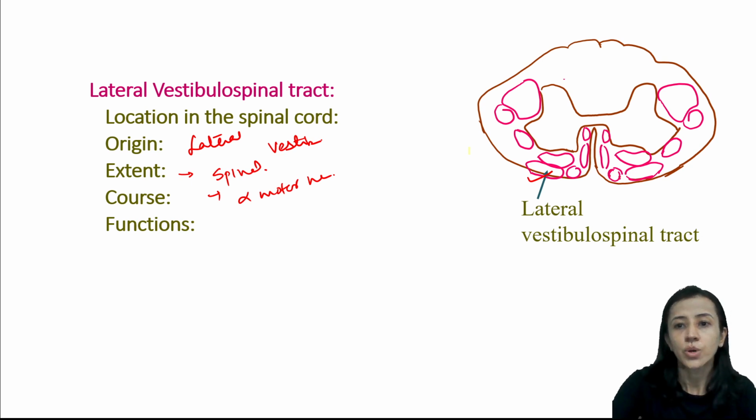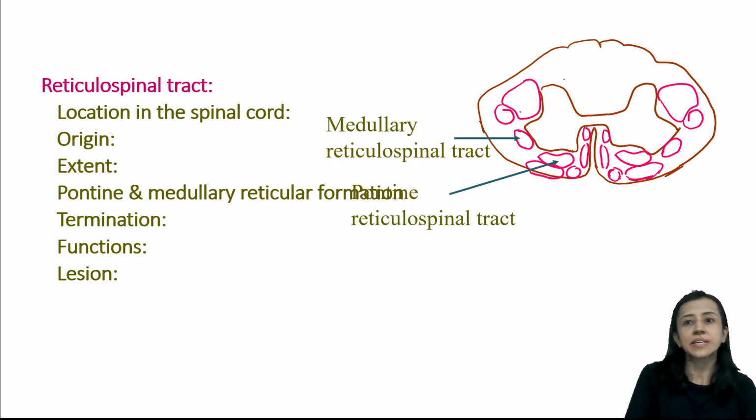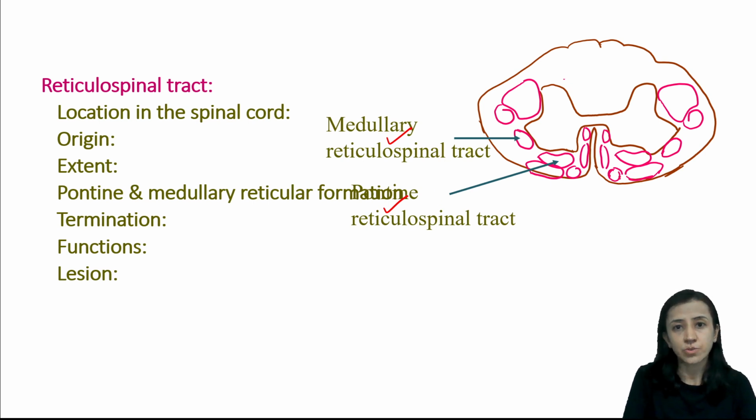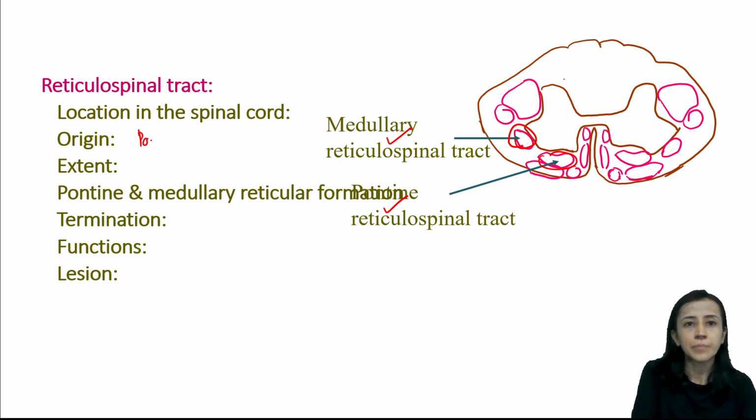Okay, now next is reticulospinal tract. This reticulospinal tract has medullary and pontine parts. Medullary originates from medullary reticular nuclei and pontine from the pons. In location, they are located in the lateral and anterior white column. Medullary reticulospinal tract is in the lateral white column, and pontine is in the anterior white column. They originate from reticular nuclei in the pons and medulla.